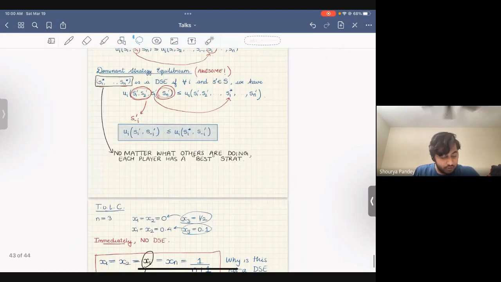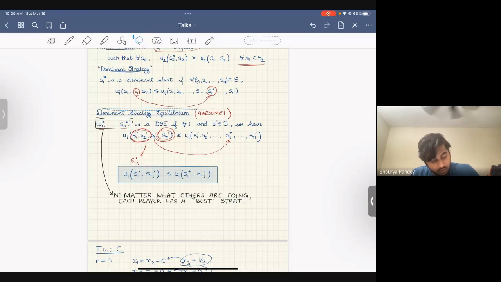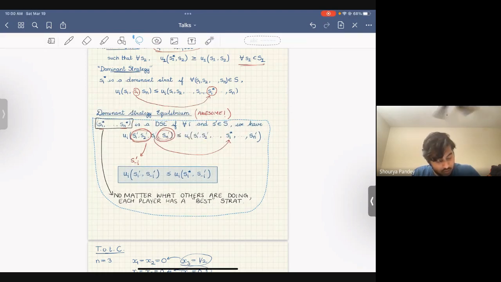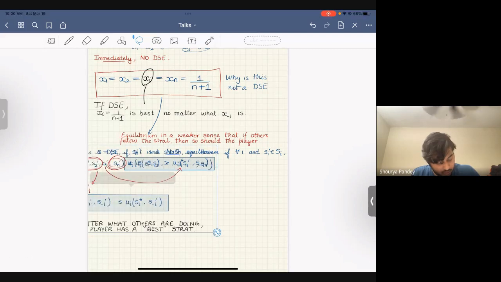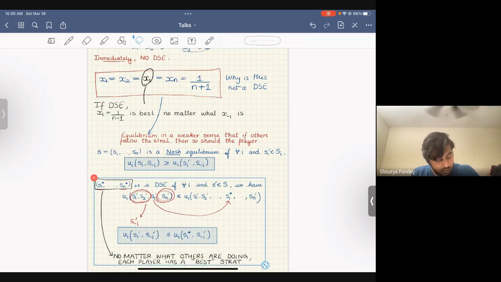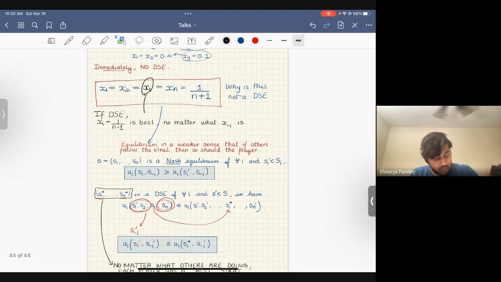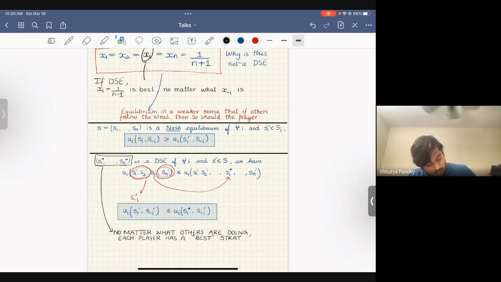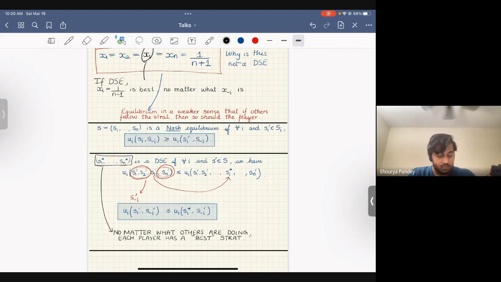So actually, let me just copy this here. I just want you to look at the definitions and see if it's clear to you what the difference between the two is.